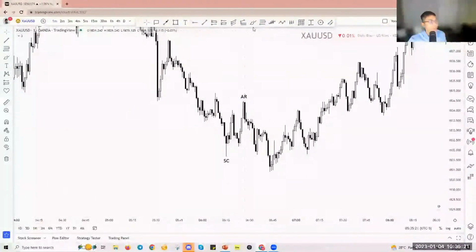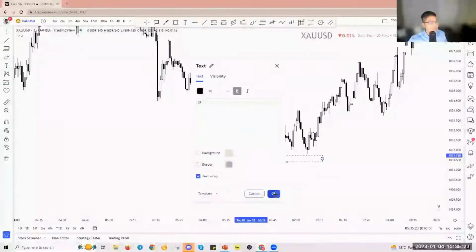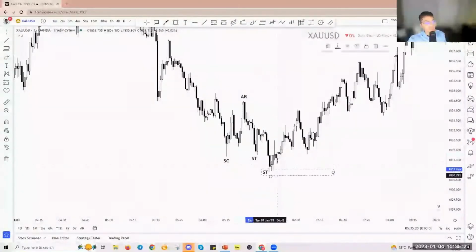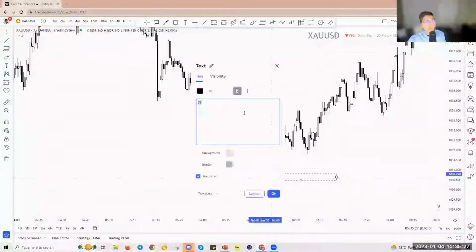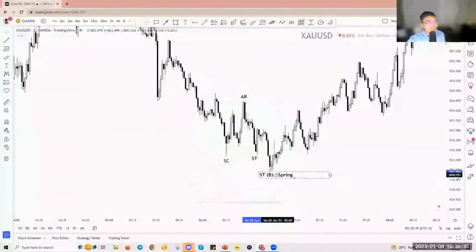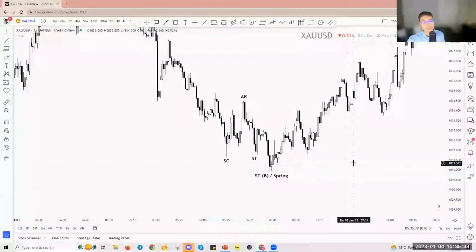Next, we have the secondary test, the ST. And the problem with gold, that I traded gold before, is that secondary test B and Spring, most of the time they are sharing the same candle, sharing the same area on gold. Next, price actually breaks the secondary test.